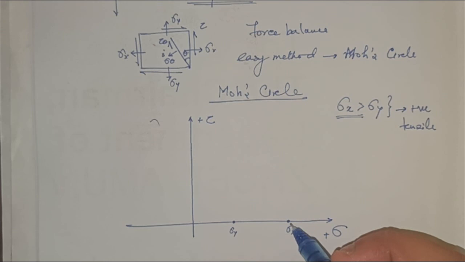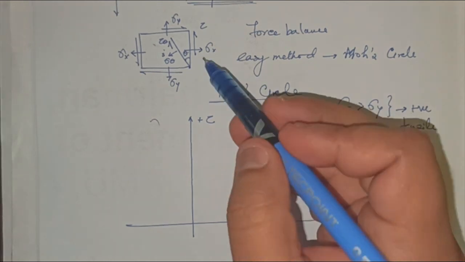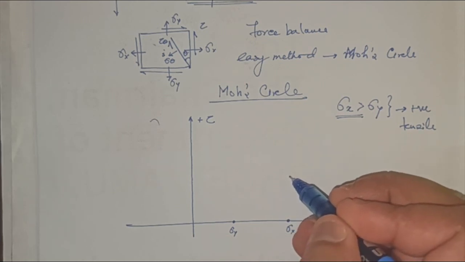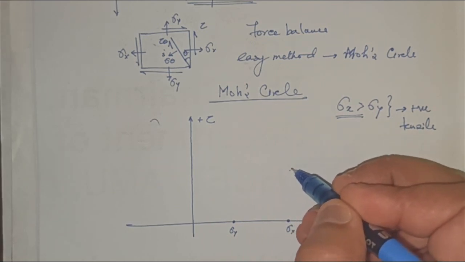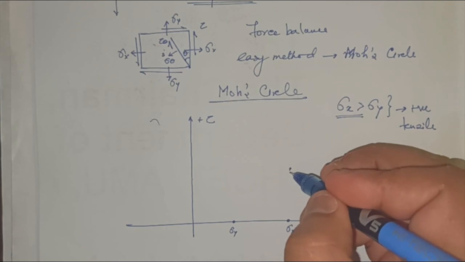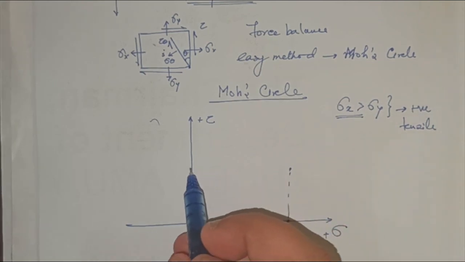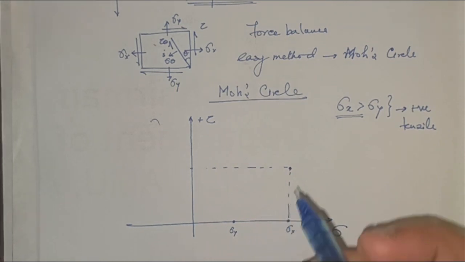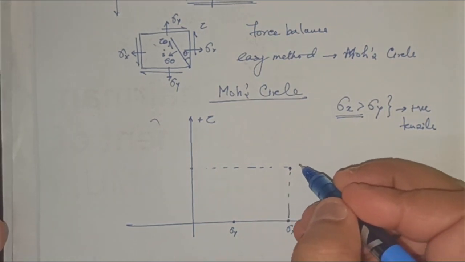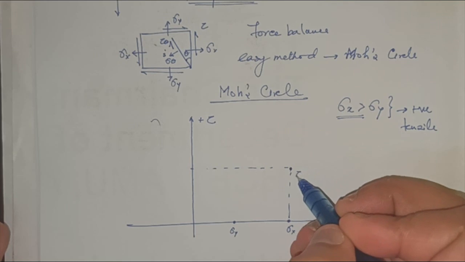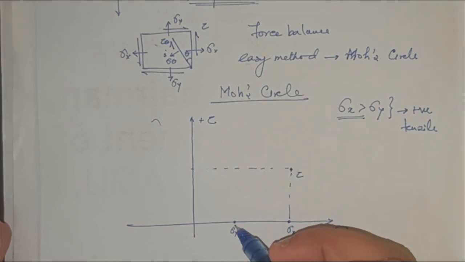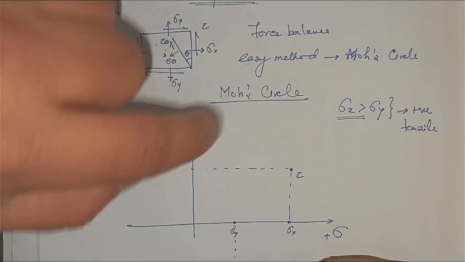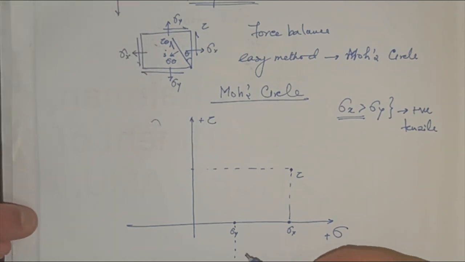So let's consider that shear will be positive, since that shear is along sigma x. So along the sigma x, positive. Let's say this will be the value. So we have this as tau, and along the sigma y, this shear will try to rotate in a clockwise direction.